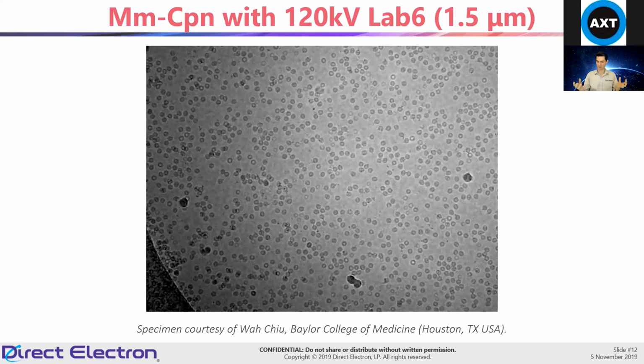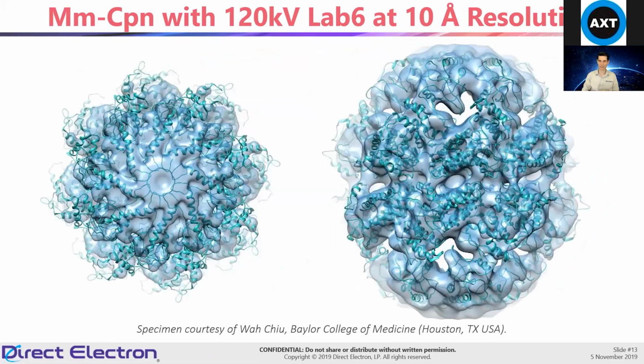One hour, manual data collection, collected about 66 images, and I think about 20,000 particles, on this Lab 6 instrument, and had no problem getting to 10 angstroms. And for a lot of people, this is huge. I mean, to get to 10 angstrom resolution is huge. And this opens up the door for lots of screening, so you can prove that your sample is good, that you've got at least a structure that looks good, and go from there to a 200 or 300 kV microscope with a FEG on it.